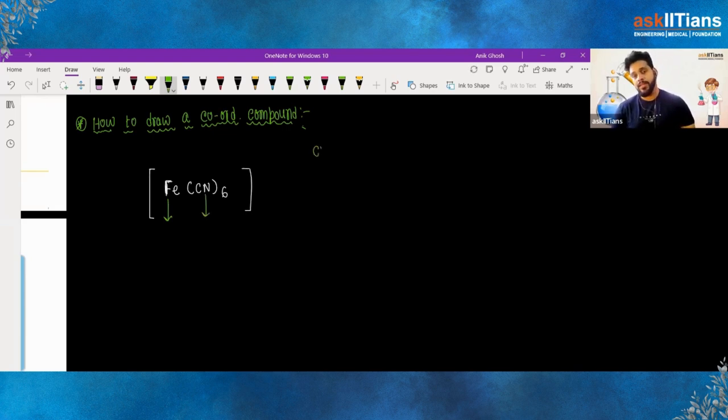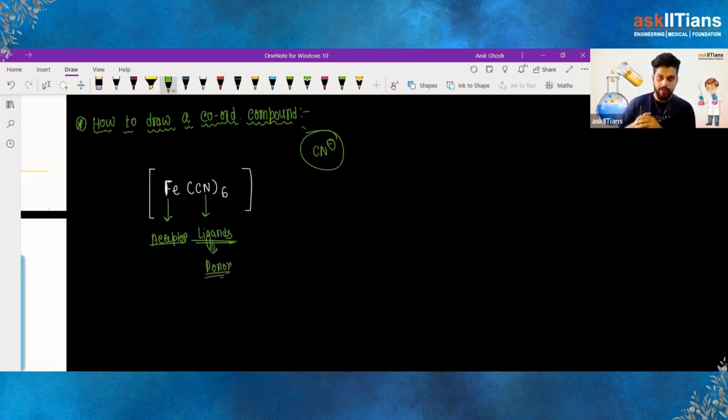You know that, guys, that is the CN minus, right? It's a negatively charged ligand, right? So these are the ligands. And when we talk about the ion, like I said, guys, it's a d block metal, right? It's gonna be your acceptor. This is gonna be your donor. This much we are fine.